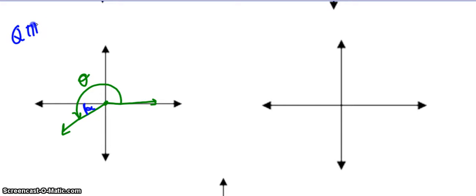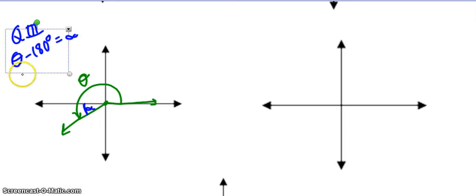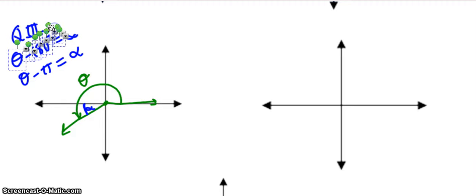So then, how do I come up with that alpha? Well, now theta is bigger than 180, so if I do theta minus 180 degrees, this will equal alpha, or if I do theta minus pi, this will also equal alpha, depending on if I'm in radians or degrees.